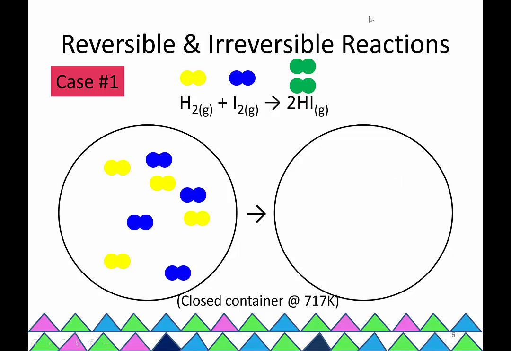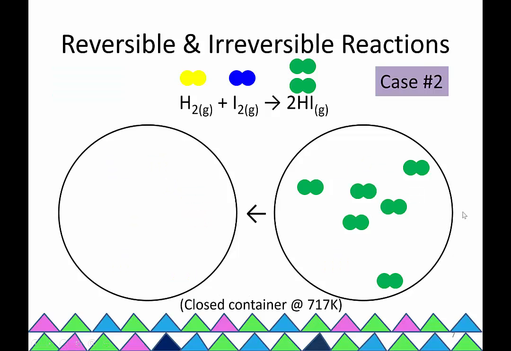Okay, so here's an example of hydrogen gas and iodine gas reacting to form HI, or hydroiodic acid. So this reaction in a closed container at 717 Kelvin will form some HI, but then you'll also have some unreacted hydrogen and some unreacted iodine that will form.